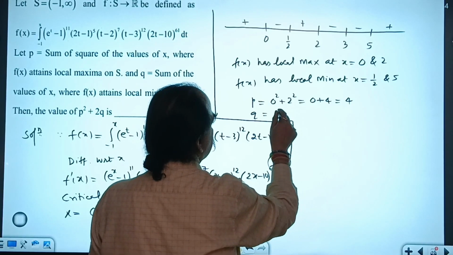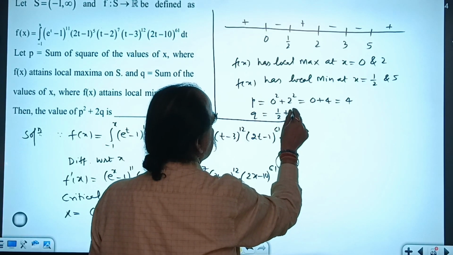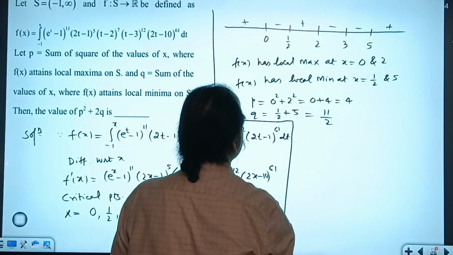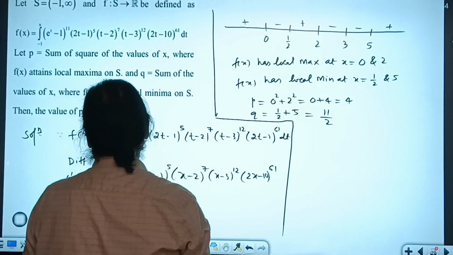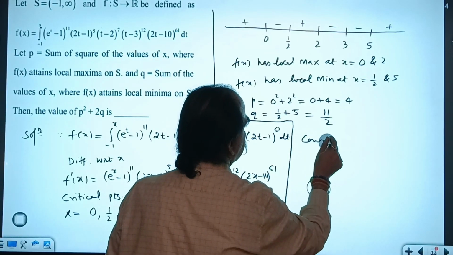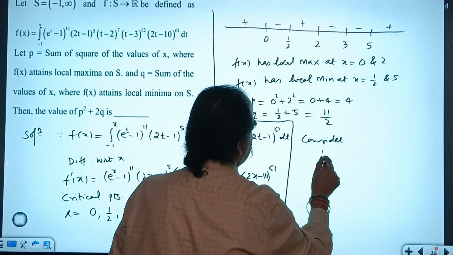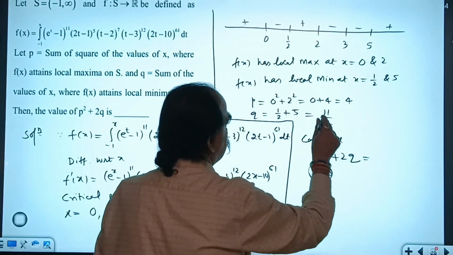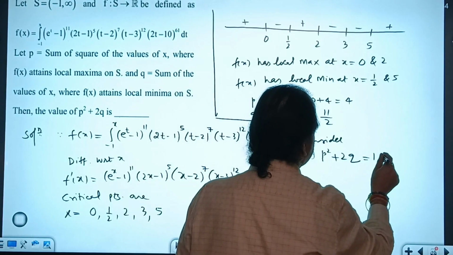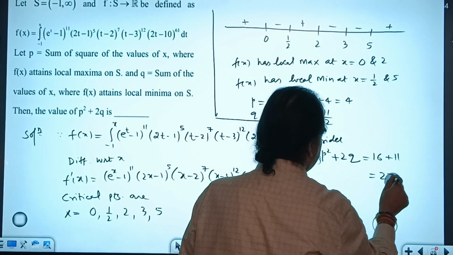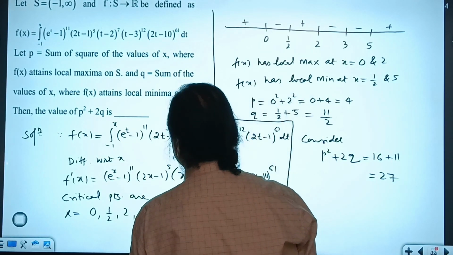Local minimum at half and 5, sum of values 11 by 2. We want P square plus 2Q. Consider P square plus 2Q: 16 plus 11, 27.